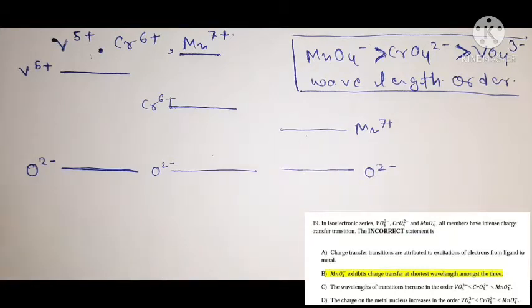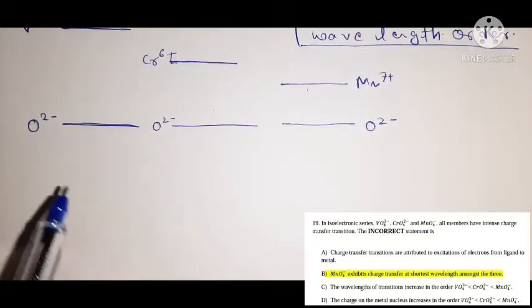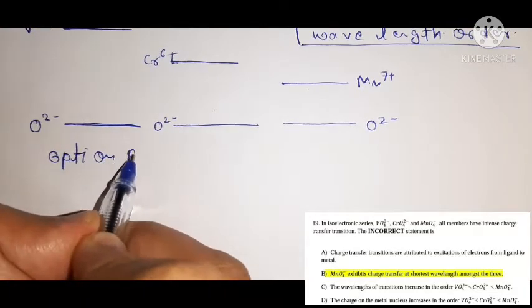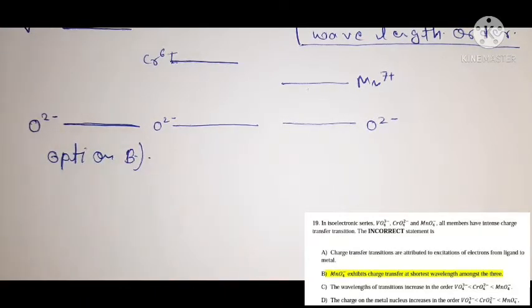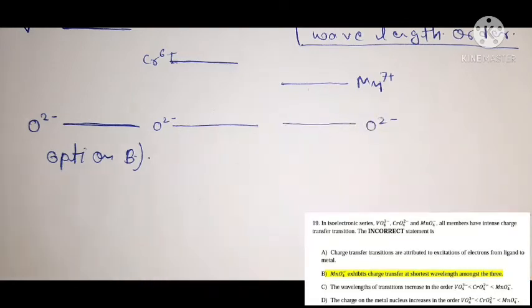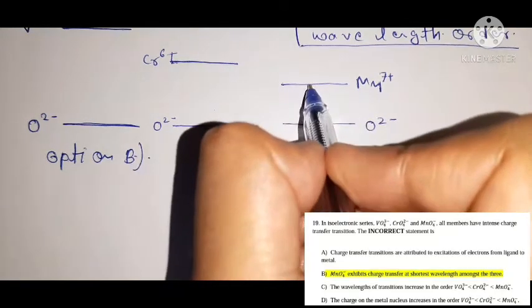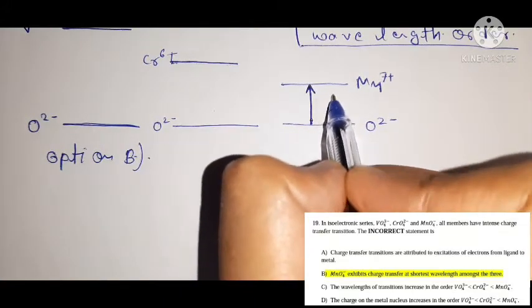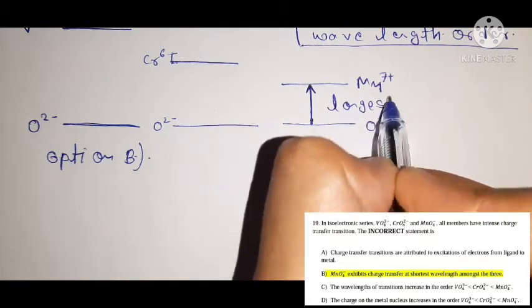Now that means your option B is the correct answer for this question, which is the incorrect statement for these complexes. It states that MnO4 minus exhibits charge transfer at the shortest wavelength, but in fact MnO4 exhibits charge transfer at the longest wavelength. This charge transfer is least in energy but has the longest wavelength.